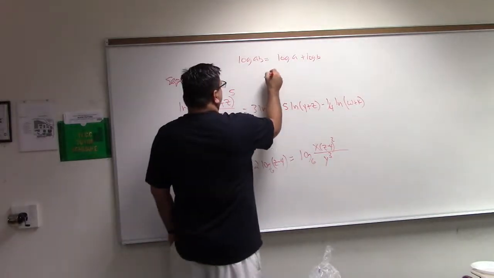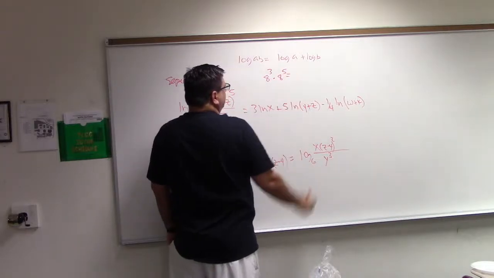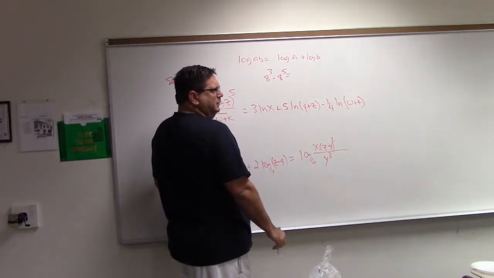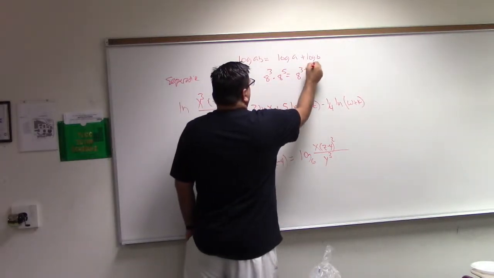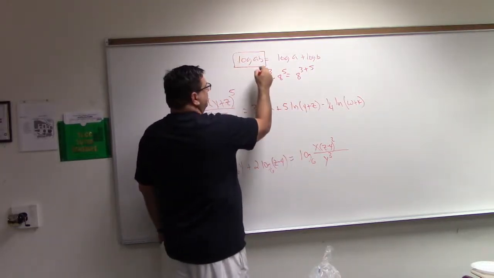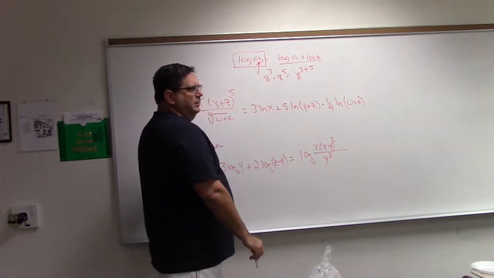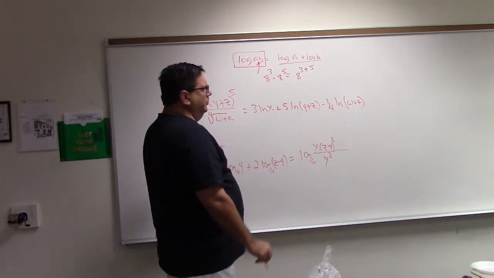Let me remind you, Jake, that if we have 8 to the third times 8 to the fifth, what do we do? Let me remind you that logarithms are exponents. So when you're multiplying, you have to add. What do you do when you divide?